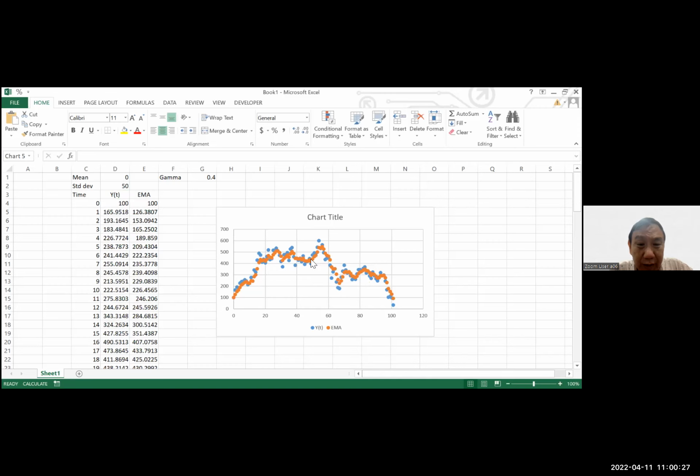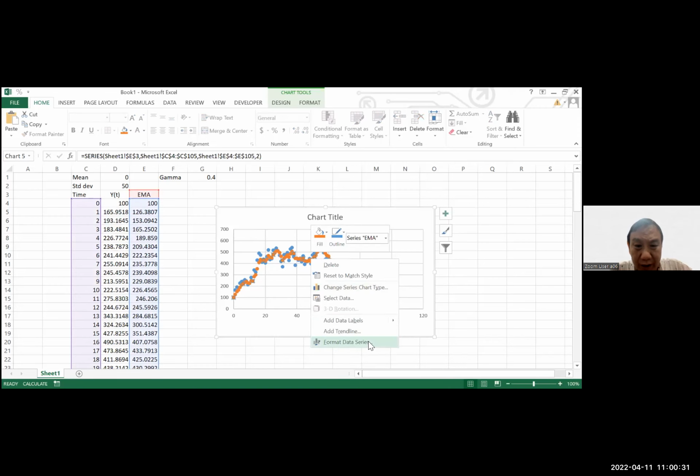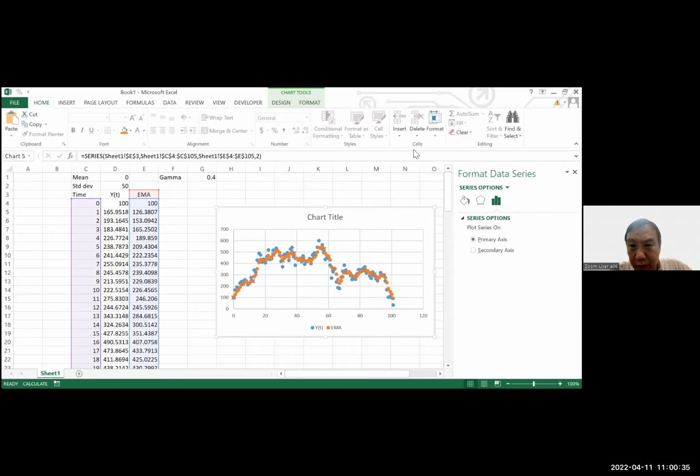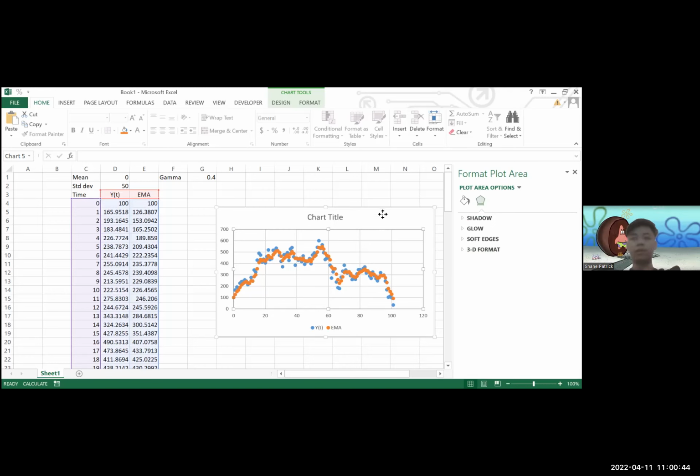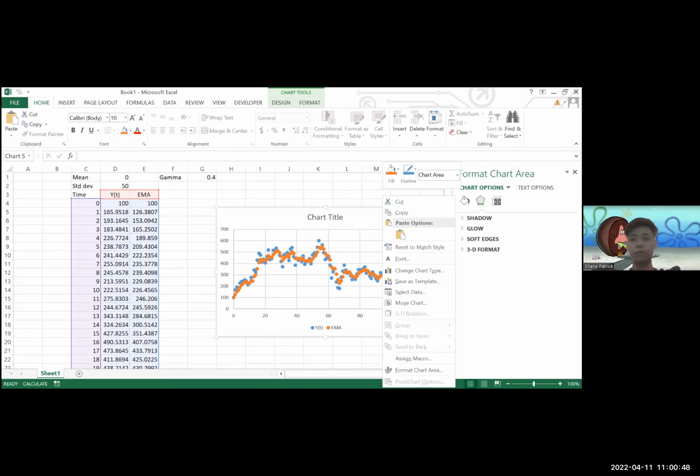Can you change the chart type to line, both the Y and the EMMA? No, not that one. Change the chart type.